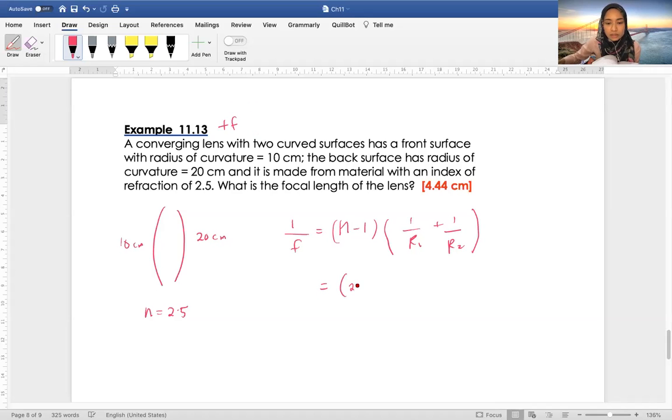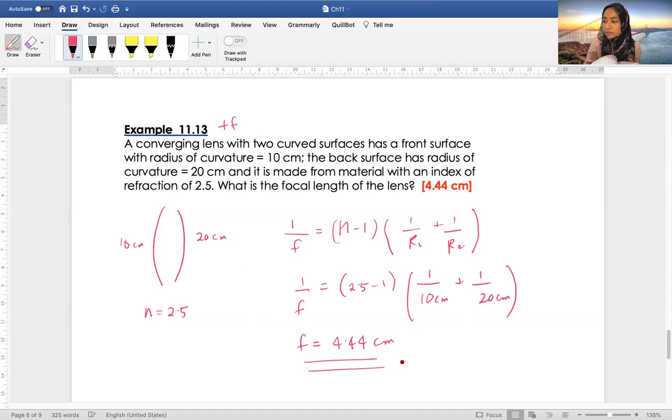We have our n 2.5 minus 1, 1 over 10 centimeter and 1 over 20 centimeter. Again, if you don't convert to meters, you will get your answer in centimeter, but make sure everything is in centimeter. Then you can solve for F. So F should be 4.44 centimeter. So that is how you do it. Pakai equation ni. Okay, pretty easy. Just have to know this equation.